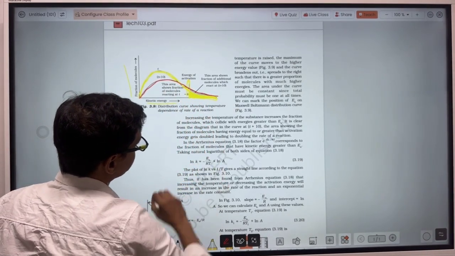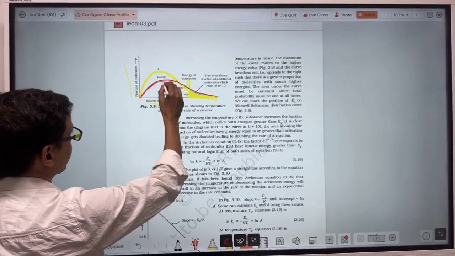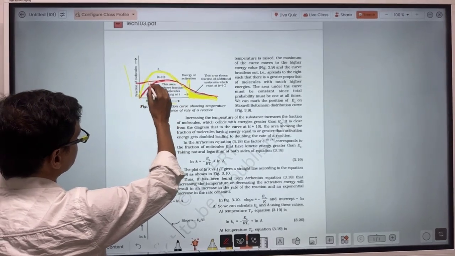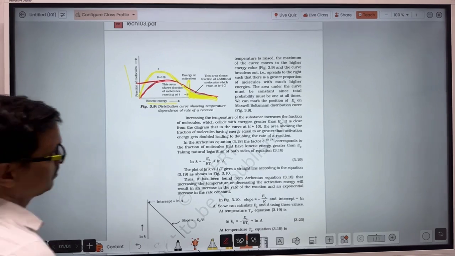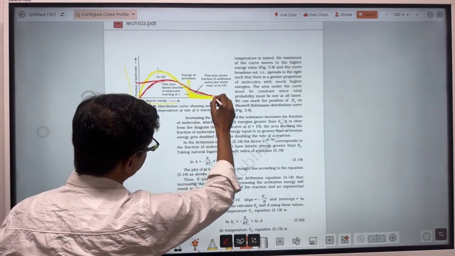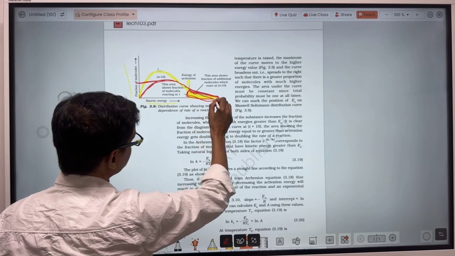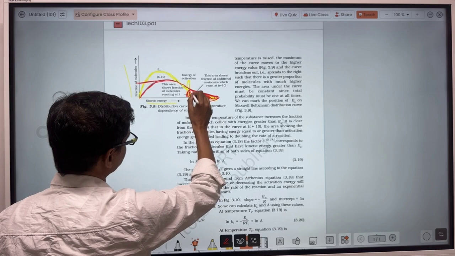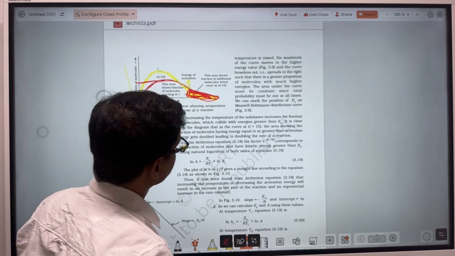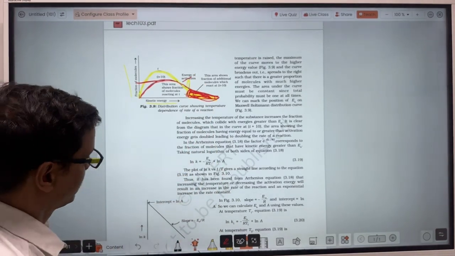Watch out here: the fraction of molecules having the most probable kinetic energy is less. So this whole area from here to here is the total number of molecules whose energy will be greater than activation energy.